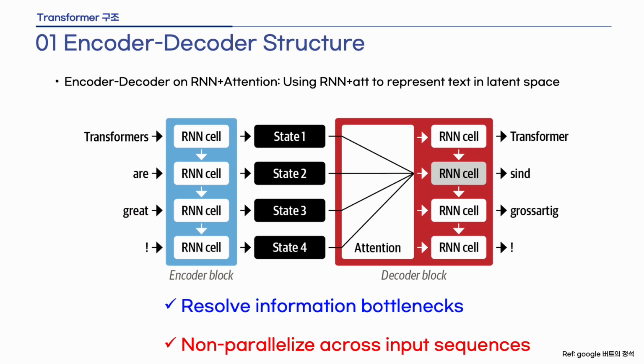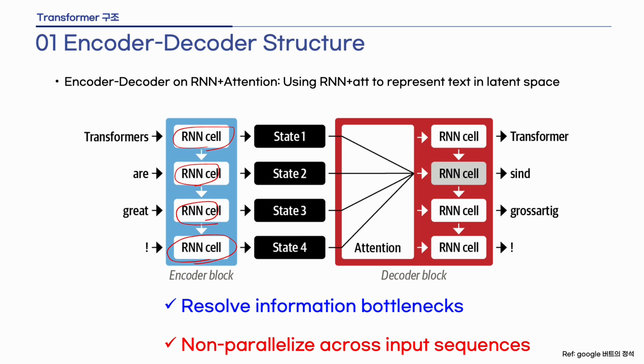Okay, as I mentioned, the RNN-based encoder-decoder has some limitations because it uses just the last hidden layer. To solve this kind of problem, we simply use all the hidden layers from the RNN, right? So researchers tried to use all the hidden layers by using an attention mechanism.